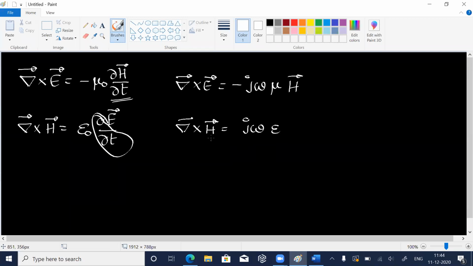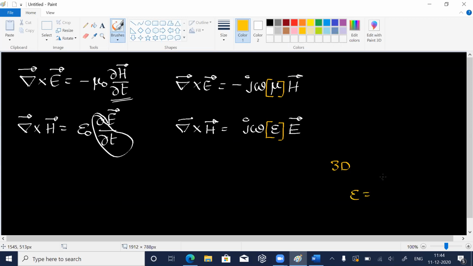Now, okay. So curl of H is equal to j omega epsilon E. All right, so now we will bracket this mu and epsilon. See, if I go to a three-dimensional space, this epsilon is not a scalar.